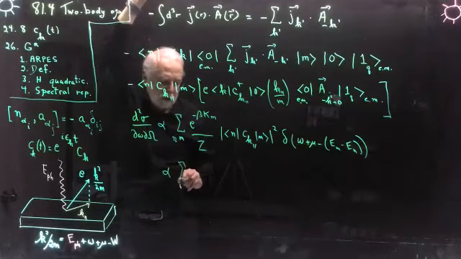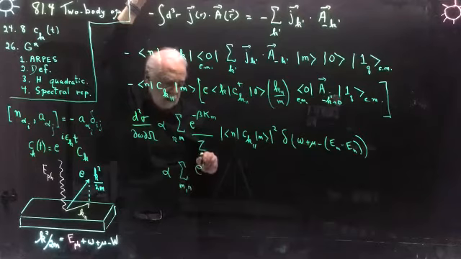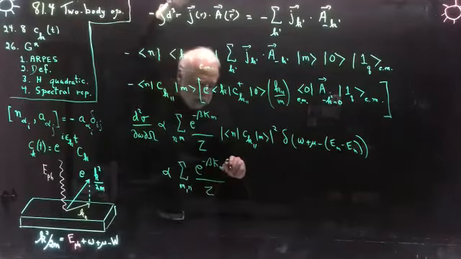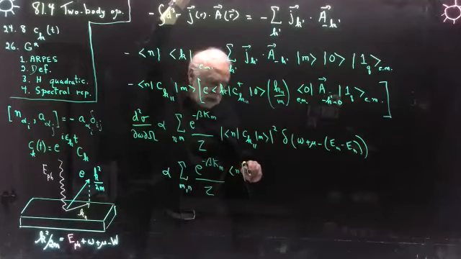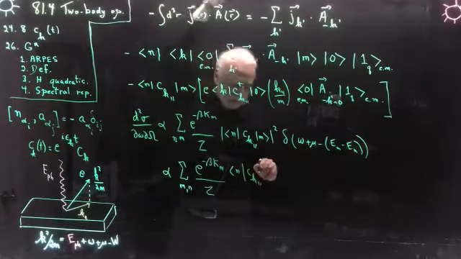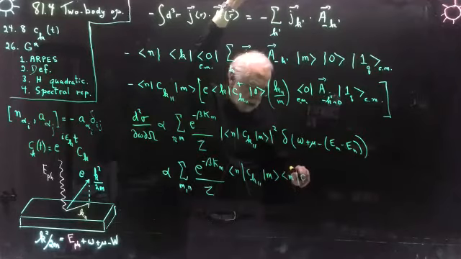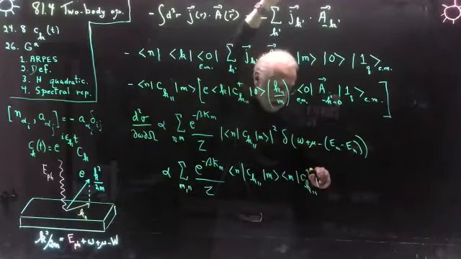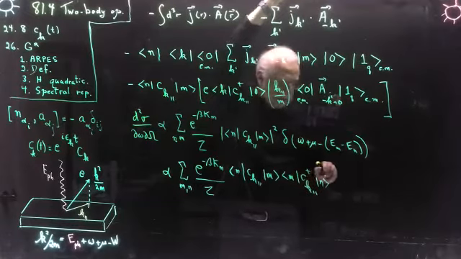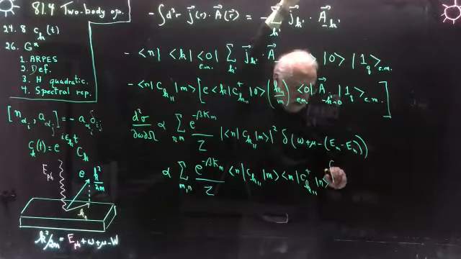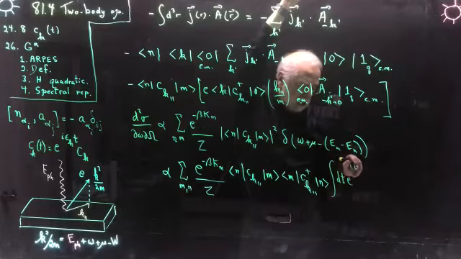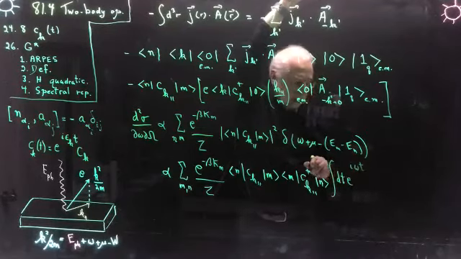So we have the sum over m n of e to the minus beta K m over Z times N C K parallel M, and M C K parallel dagger N, and times the integral dt e to the i omega t.